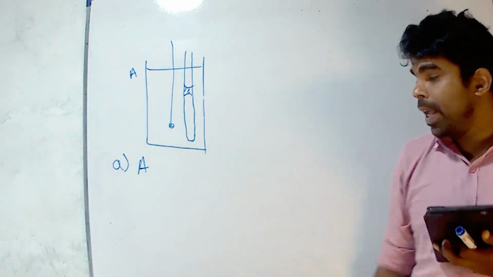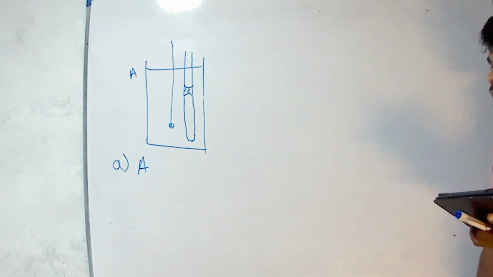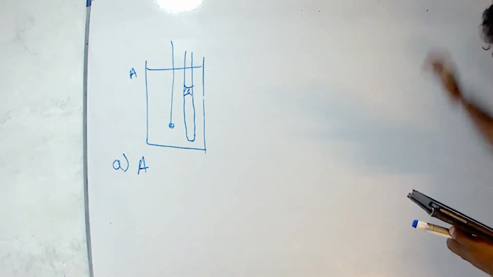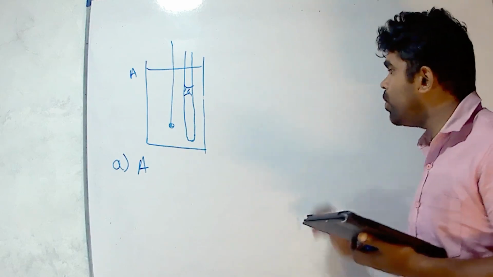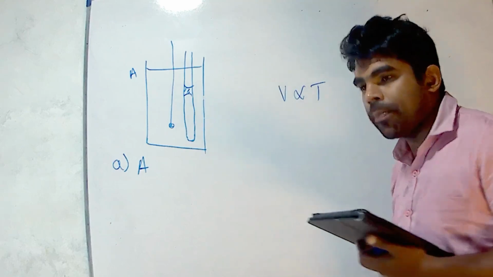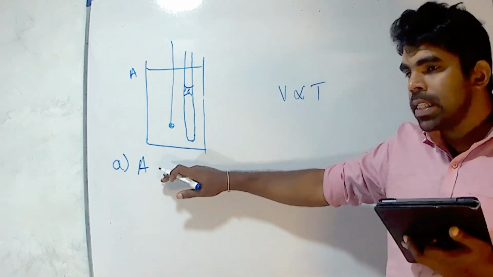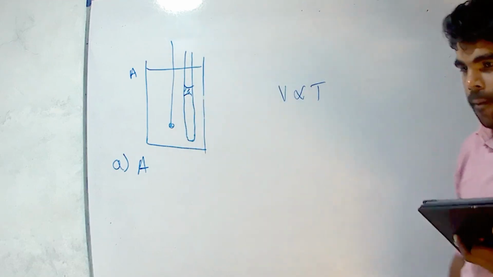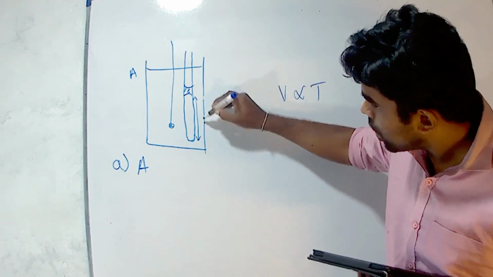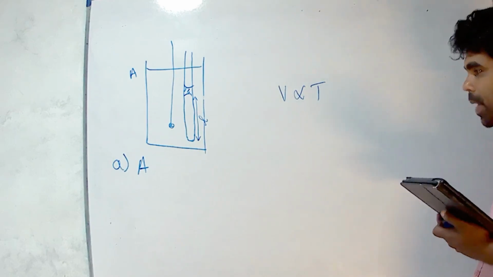Therefore, don't explain. I will explain why we are using the water level up to A. We know that according to Charles' law, volume is directly proportional to absolute temperature. We are trying to increase the temperature of this system, and we have to measure the length of this air column with the corresponding temperature.